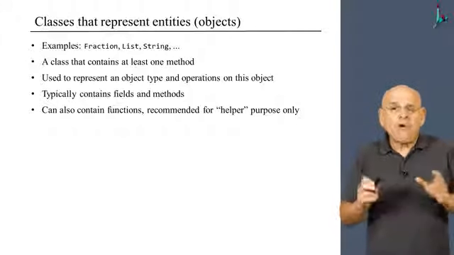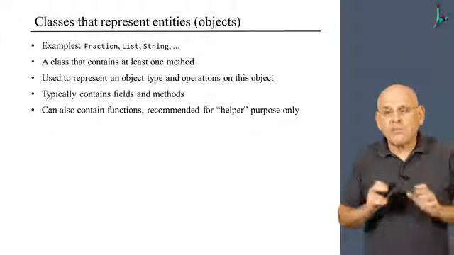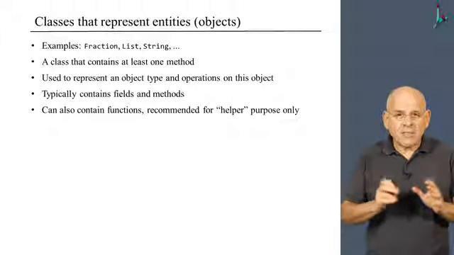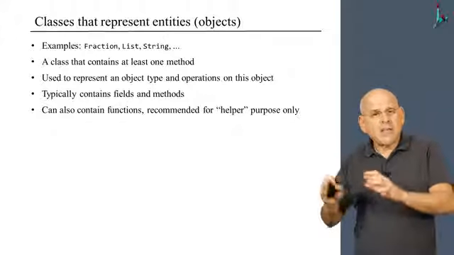But if the programmer knows what he or she is doing, then these functions should better serve only for internal helper purposes. These are sometimes called in Java, I think, private static methods.